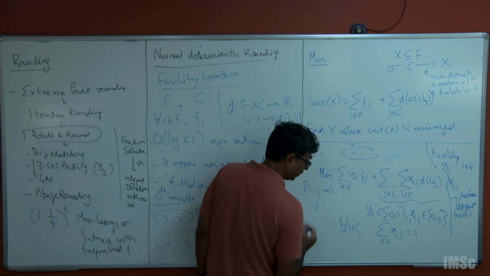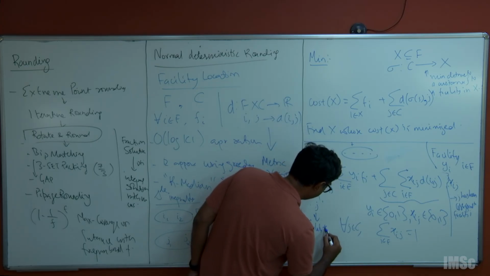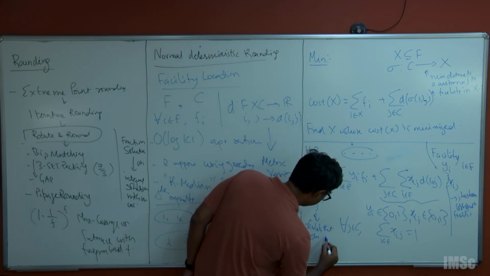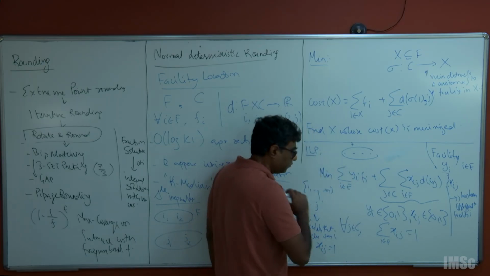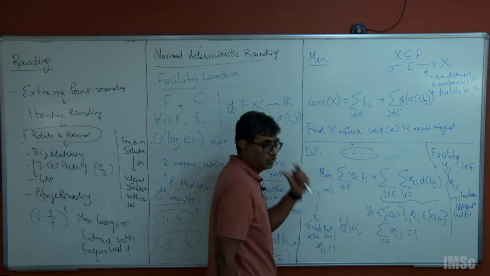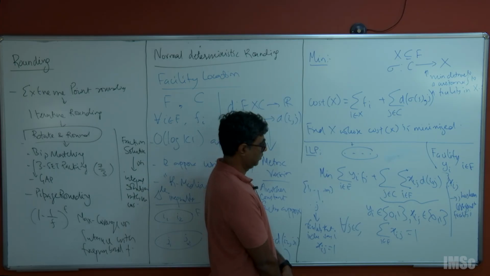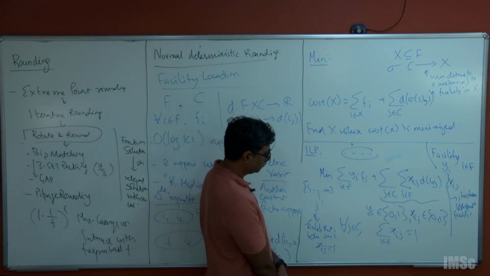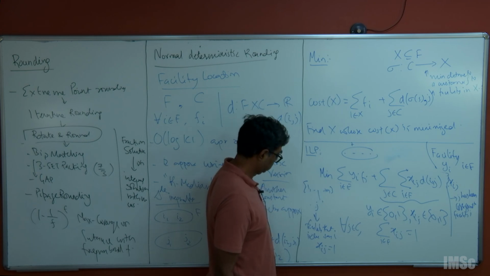For each client j, I look at the facility that is closest, say i. What I am going to do is set xij equal to 1, that's it, because anyway these are separate variables assigned to each of these. I did this, right? Meaning for every yi that is set to 1, you correspondingly set an xij to 1 where i is the closest.